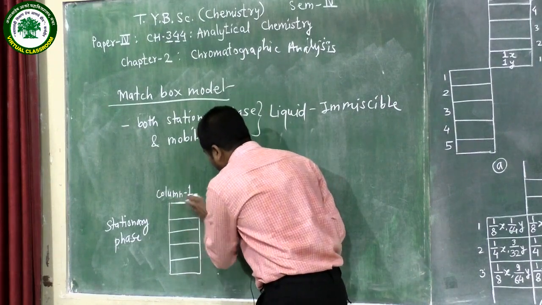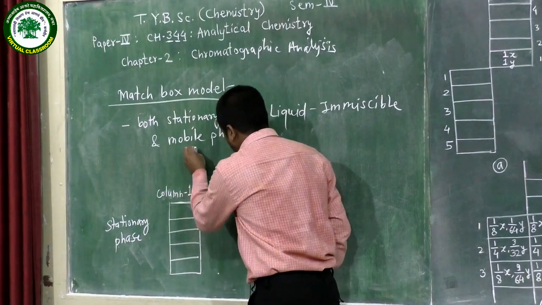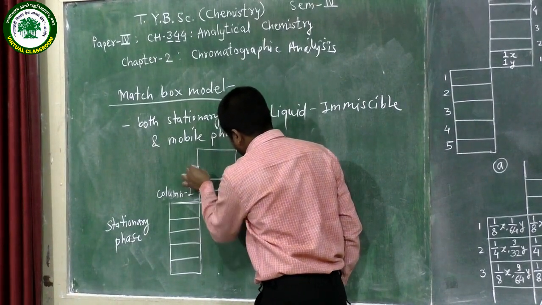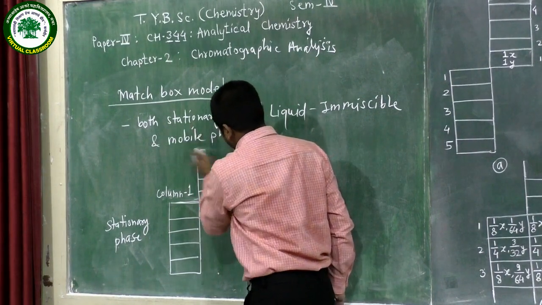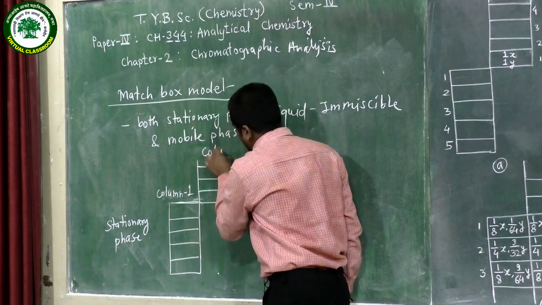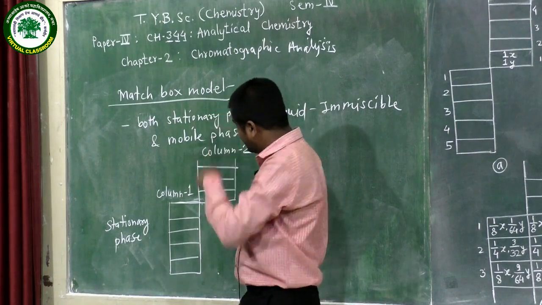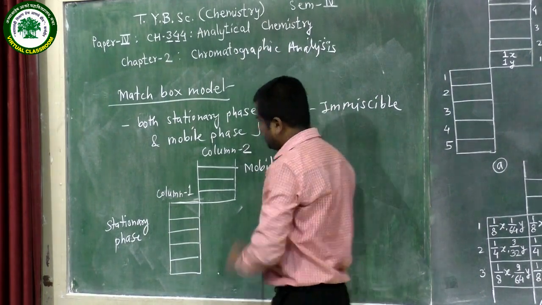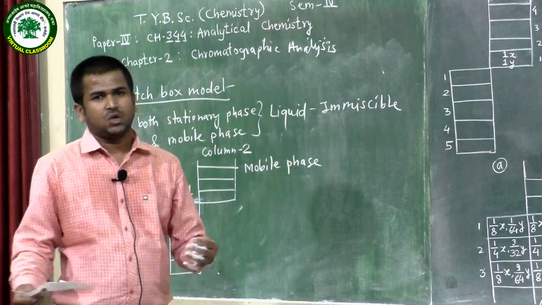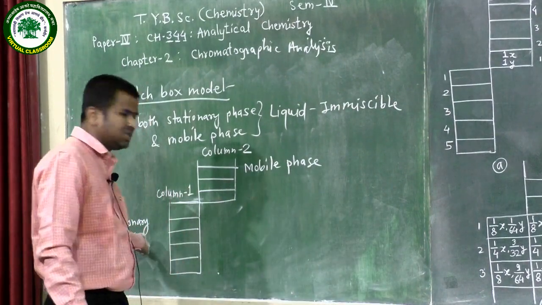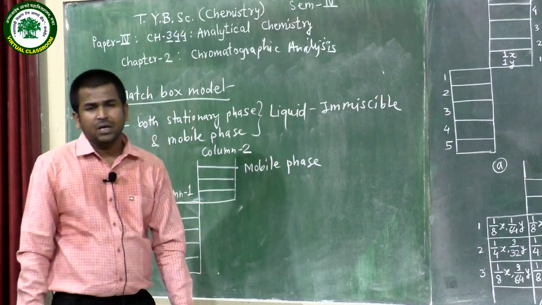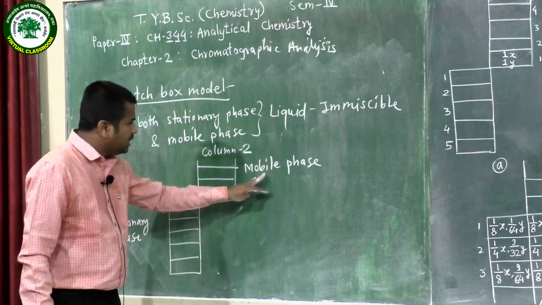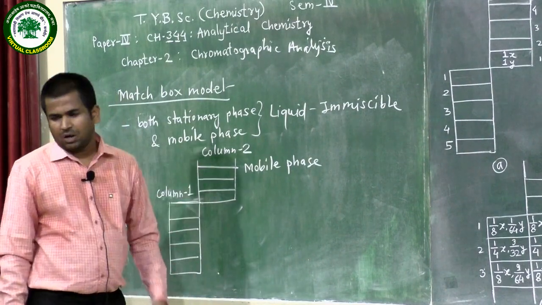The second column, like this, is column 2, the mobile phase. So here we have 2 phases in contact with each other, a liquid stationary phase and a liquid mobile phase. The liquid stationary phase is assumed as column 1, while the liquid mobile phase is assumed as column 2.